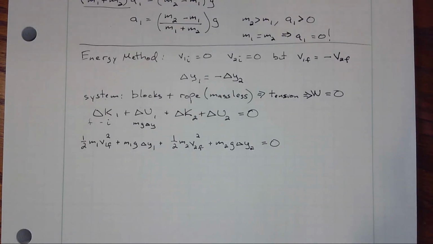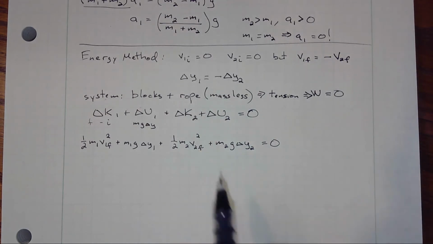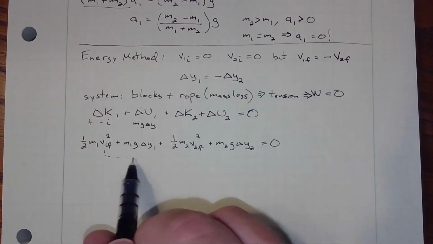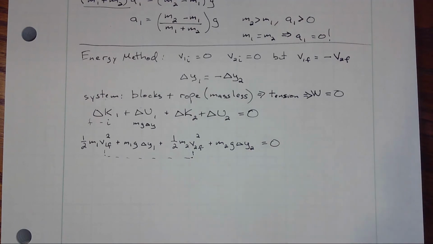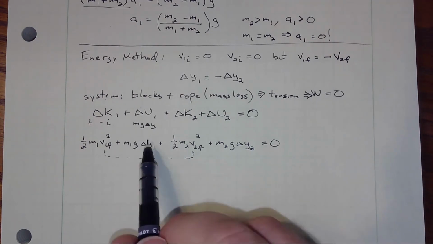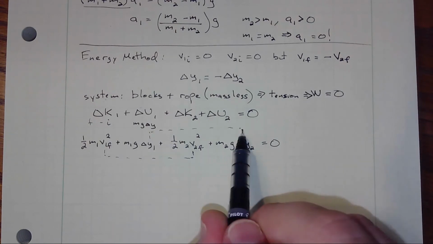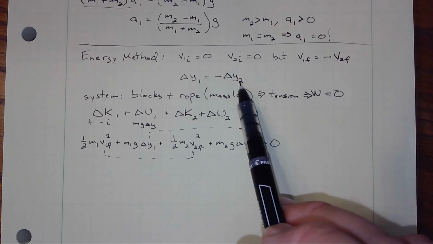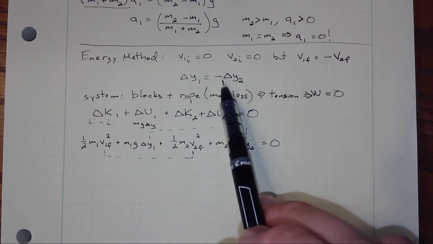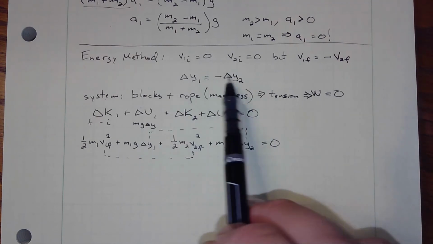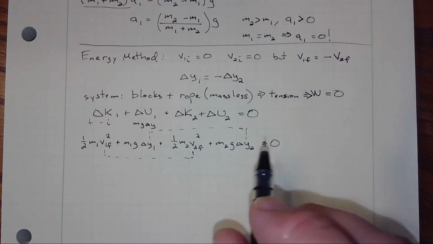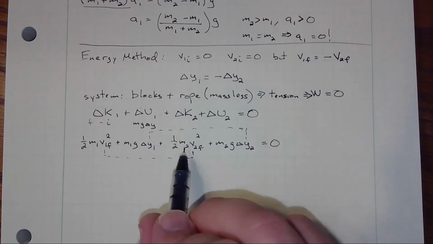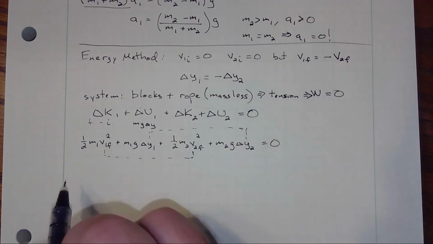Now I can start to use my acceleration constraints, because notice that I have v1 final, v2 final. Those are going to be the same value. I can just write that as a v final. Similarly, I'm going to have a delta y1 and a delta y2 that I can combine together, and there we will have this negative sign creeping in because we're not squaring it or anything. So if I start rearranging some terms, notice everything is still on the left-hand side of this equation.